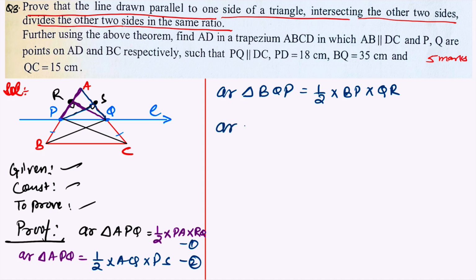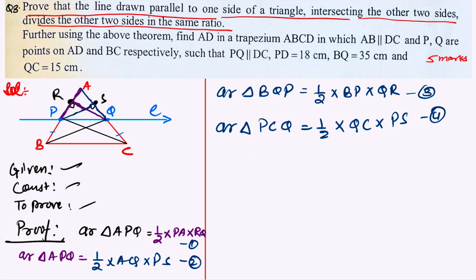Next I am finding the area of triangle PCQ, taking QC as base. If QC is base, then PS will be the height. Clear? So from here we can write the area of triangle PCQ will be equal to half of base QC into height PS, and we are writing this as 3 and 4.